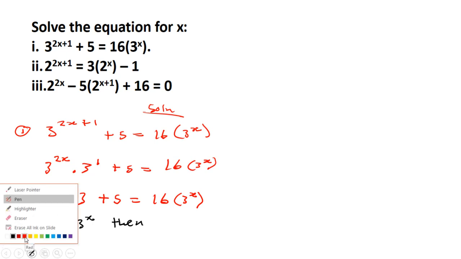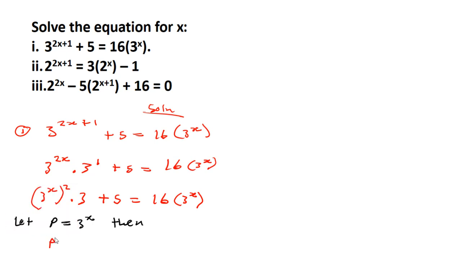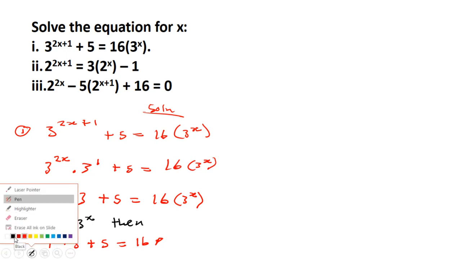So in such a case, we are going to have p to the power 2, remember, we have put p there where there is 3 to the power x, dot 3, and then plus 5, and this should be equal to 16p. Remember, this 3 to the power x will be replaced by p.